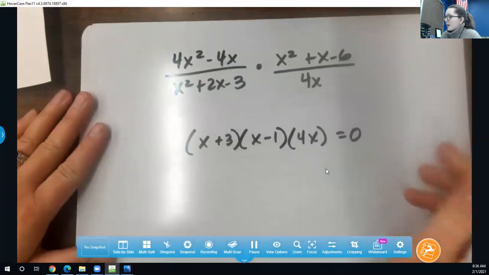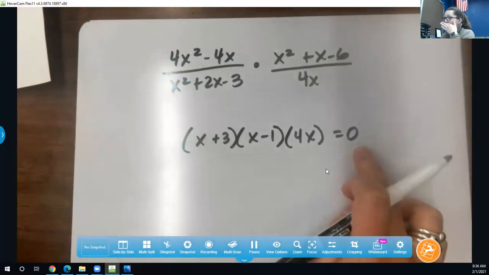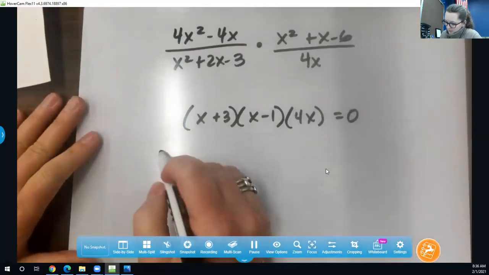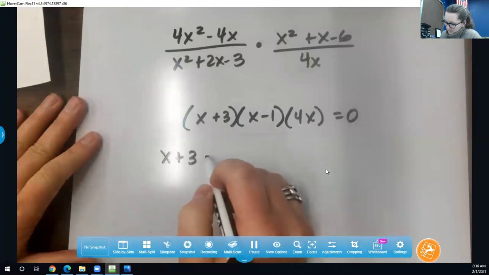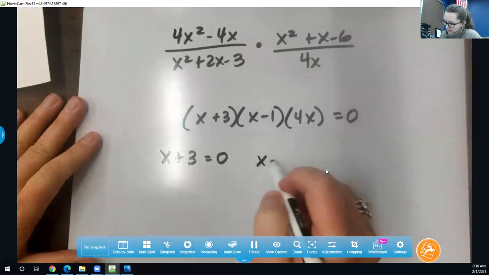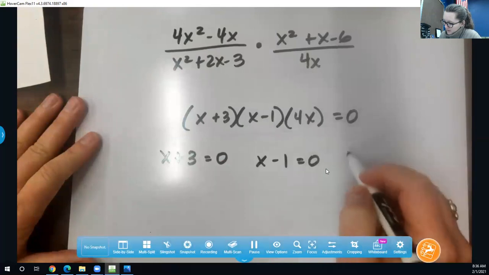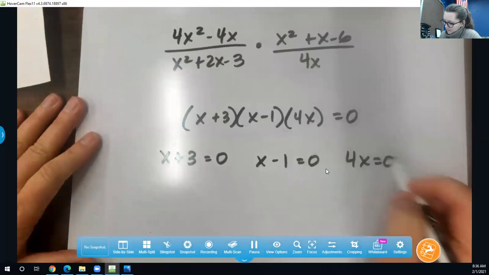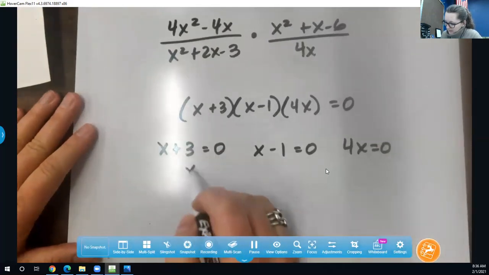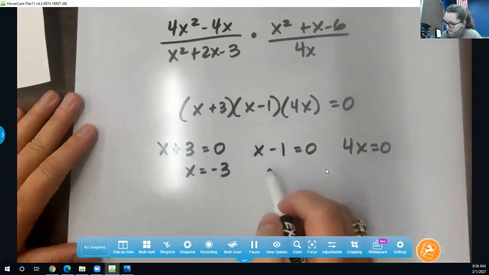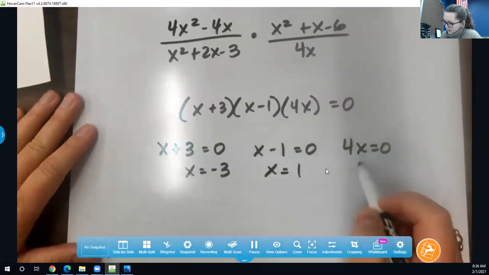Using my zero product property, remember they can't equal 0, I'm going to say x plus 3 equals 0, x minus 1 equals 0, and 4x equals 0. So x equals negative 3, x equals 1, and x equals 0.